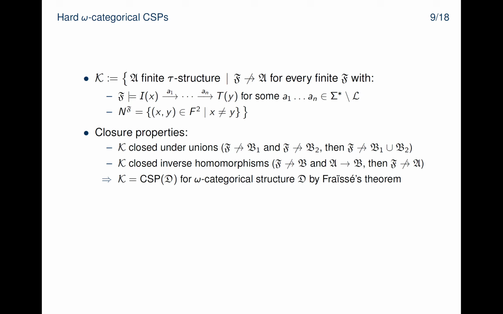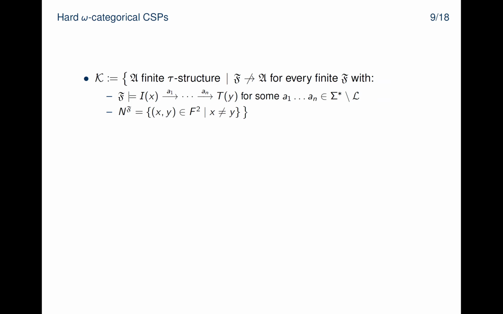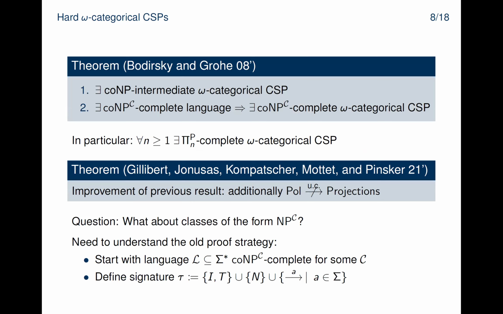Now, actually, just by having these two, yes? In the second line, what does the satisfaction symbol mean? Are the words part of the language of the signature? The words are part of the signature? So the signature is like this, right? It has three unary symbols, I, T, and N, and then there's a binary symbol for every letter.